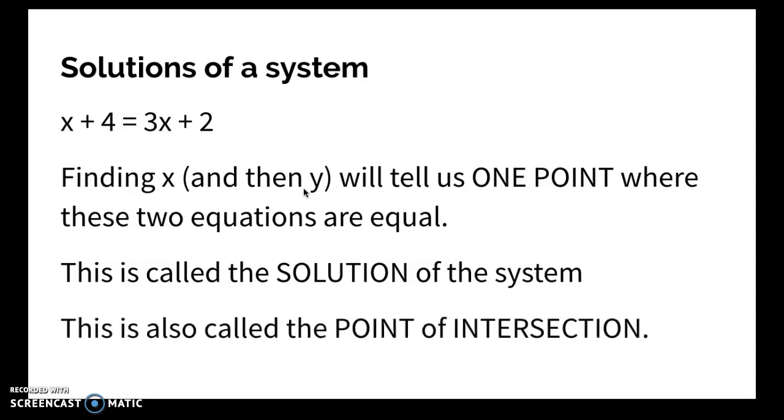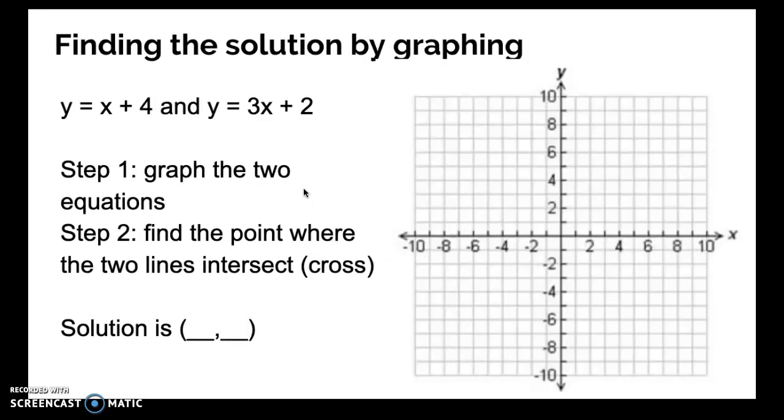Today I'm going to show you how to do this by graphing, and this is where you'll realize why the solutions are also called the point of intersection. Let's take a look at this example and graph it, and I'll show you exactly why. If we graph these two lines, let's take the first one.